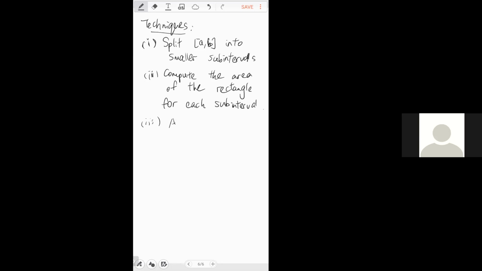Last step, you just add them up. For each of the subintervals, you will see very soon that you would have a rectangle. For each rectangle, you compute the area, and the final step is you add all the areas up, and that will be the approximation for the area under the graph.